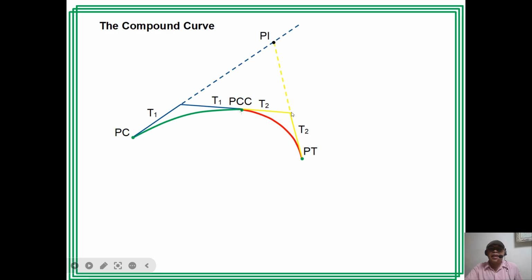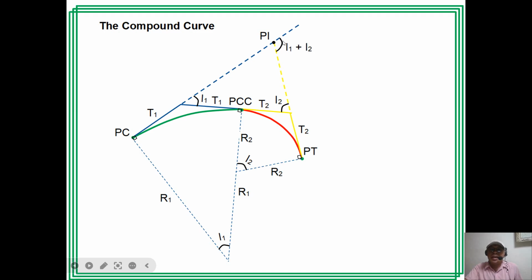Then we have the radius of the first curve R1 and the radius of the second curve R2. We have I1, and I2. And the angle at the PI is I1 plus I2.